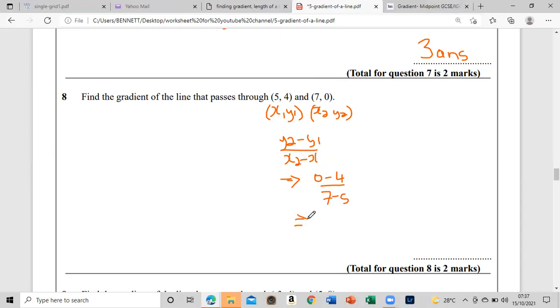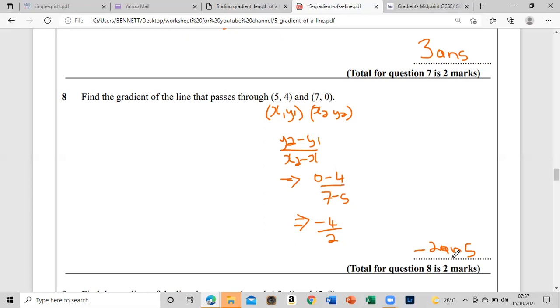So 0 minus 4 is negative 4, and 7 minus 5 is positive 2. So the gradient is negative 4 divided by 2, which is equal to negative 2.